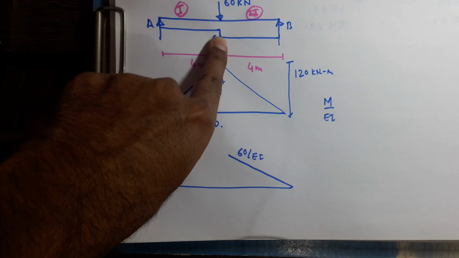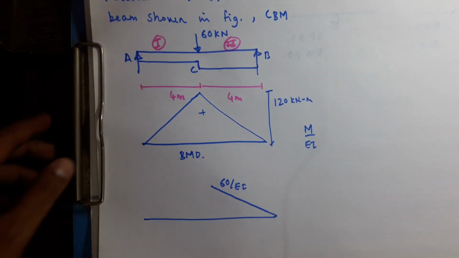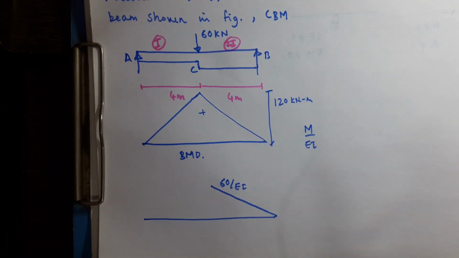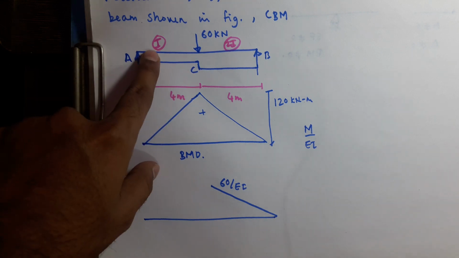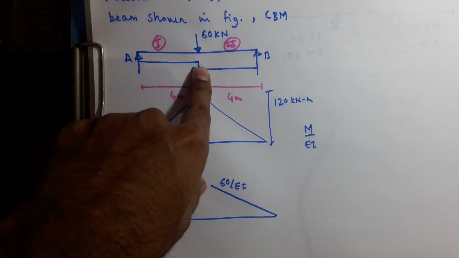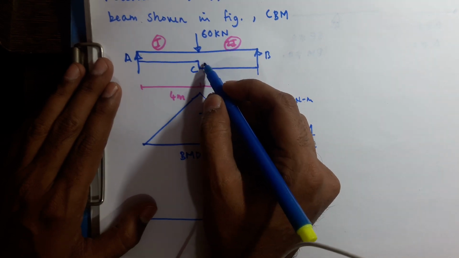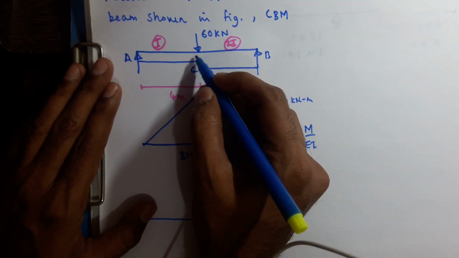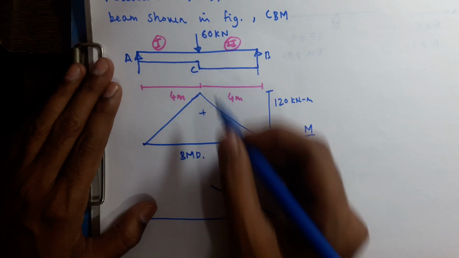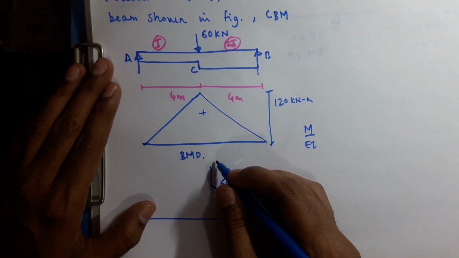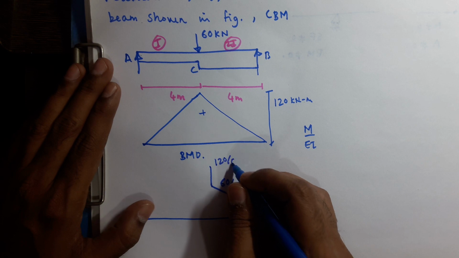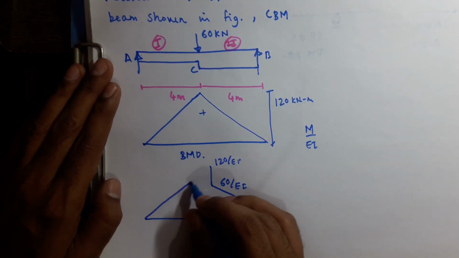C is the junction. At the right side of C you have 2I, and at the left side of C you have I. So at this point you will have M by 2EI, and at this side you will have M by EI. M by EI is nothing but 120 by EI. Here it is 0.